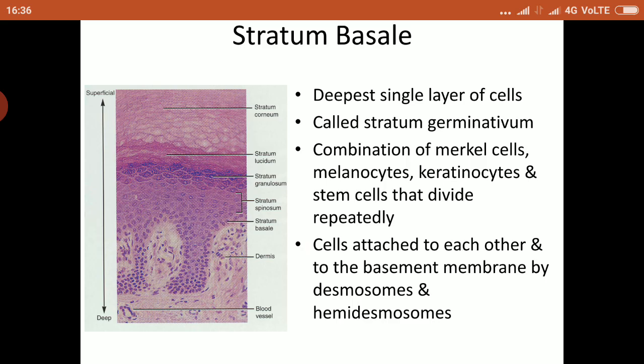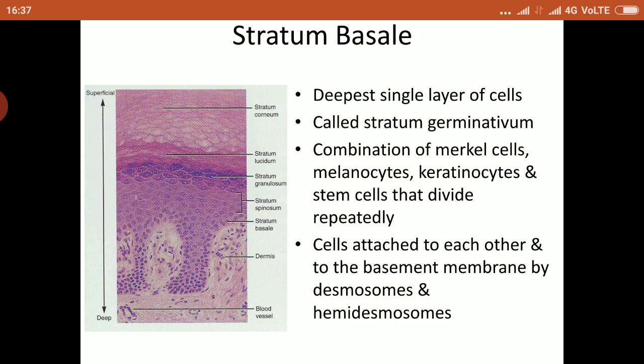As we all know, skin is also a sensory organ. Whatever feel of touch you observe, somebody touching you, you'll get the feel of fire or change in temperature. That is all because of these receptors which are present in the epidermal layer of skin.